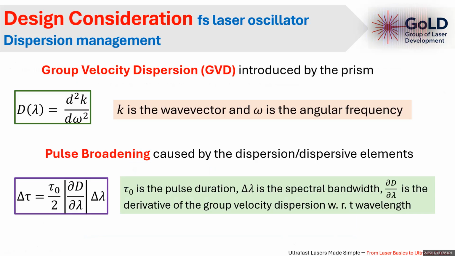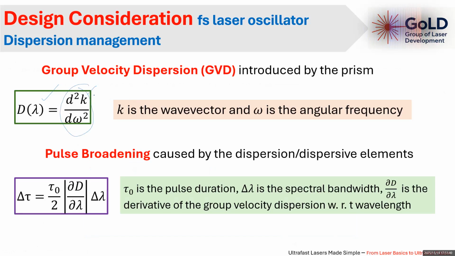If you remember in the last slide, we discussed the group velocity dispersion and group delay dispersion as well. This is the equation introduced by the prism or any other material, and here I'm specifically mentioning the prism. In this equation you have the group velocity dispersion, also called GVD, and this is the standard equation for it.